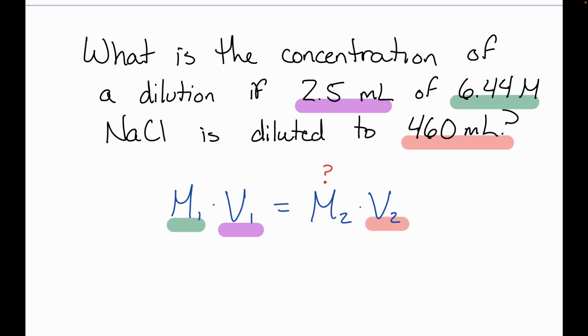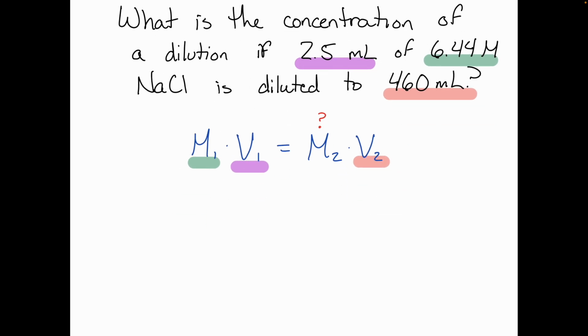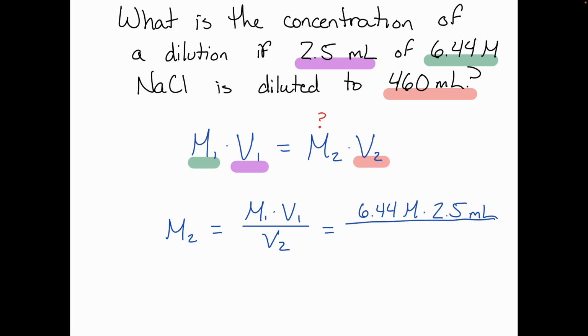So the only thing I'm missing is M2. So I'm going to divide both sides by V2 and then plug everything in and solve. Okay, so my 6.44 molar times that 2.5 mL, that's how much is used in my dilution, divided by the 460 mL.